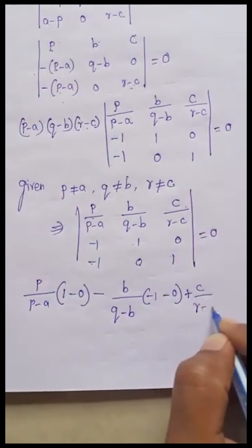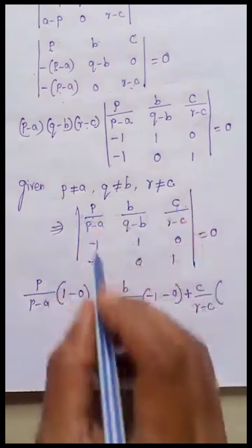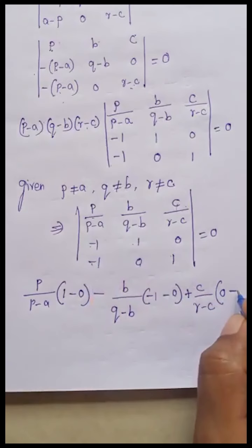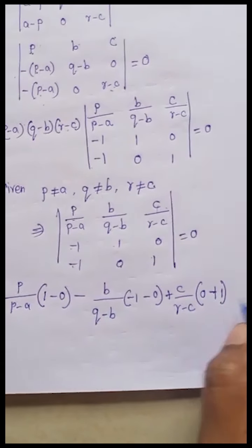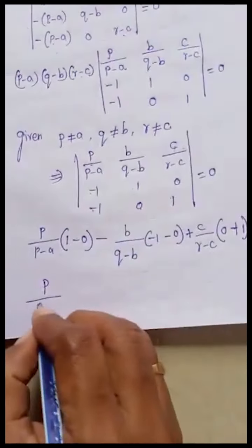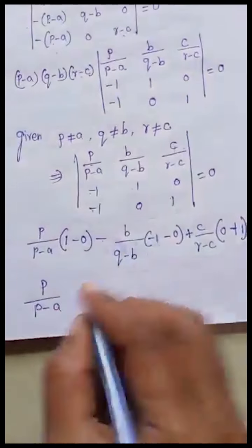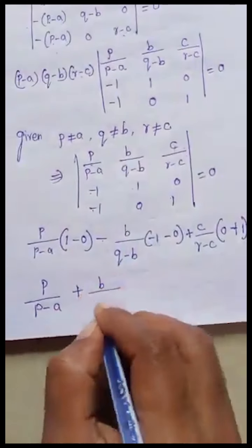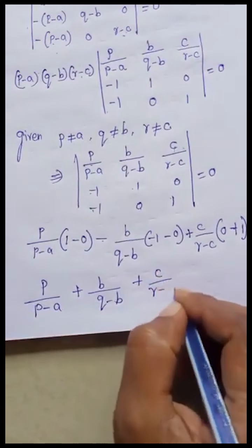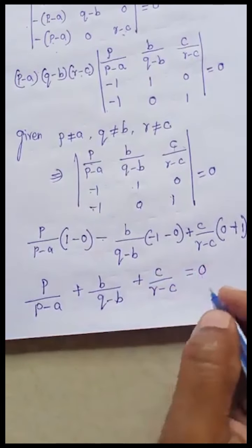Plus C by R minus C into, leave this row and column, 0 minus 1 into 1 is minus 1, since already we have a minus here, plus 1 is equal to 0. See, very simple. P by P minus A, this minus into minus, plus B by Q minus B, plus C by R minus C is equal to 0.